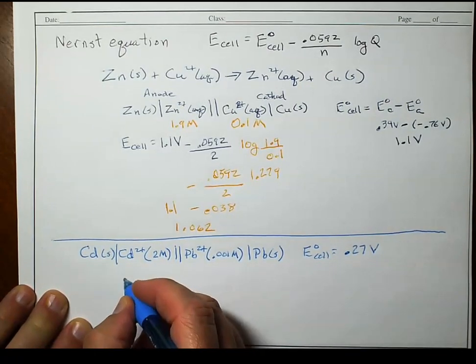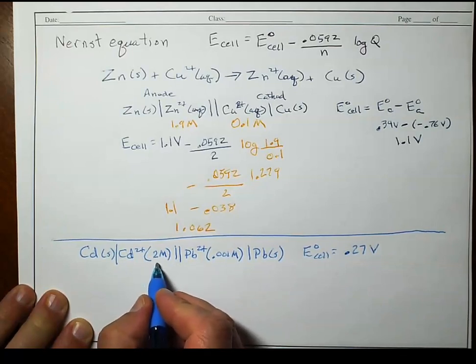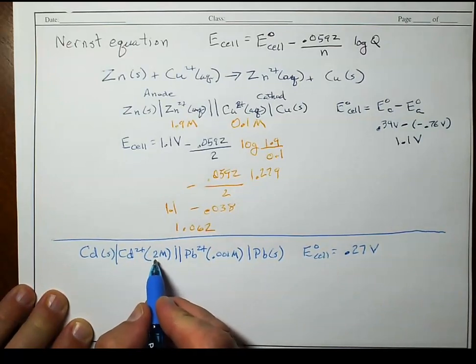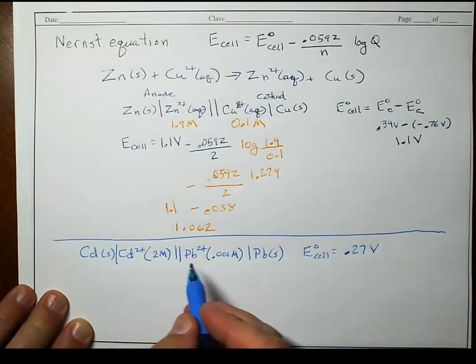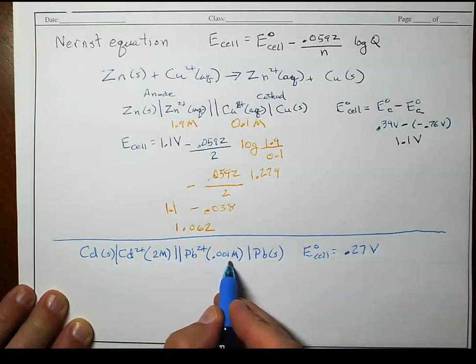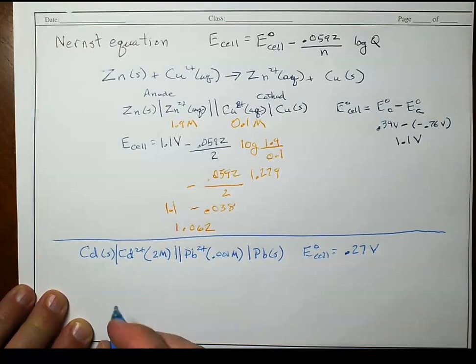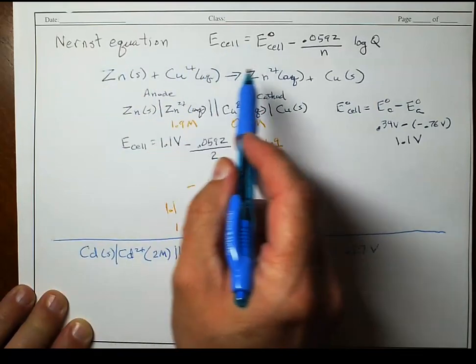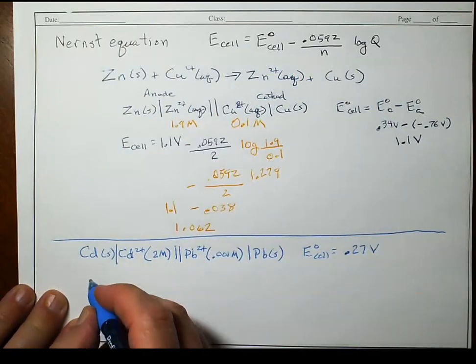Okay, so notice that it is not at standard conditions. The cadmium concentration is not 1 molar. The lead ion concentration is not 1 molar. So we're going to use the Nernst equation. All right.